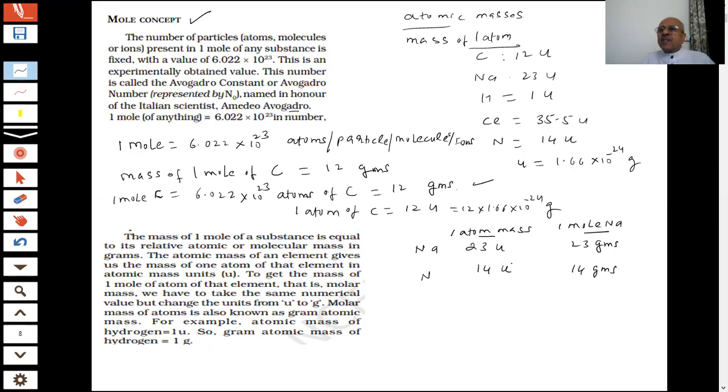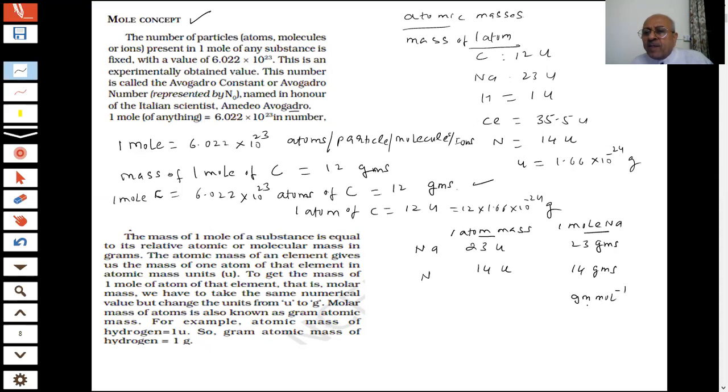Therefore, students, it becomes easy for us that the quantities which we are defining now, which will be given in your book, are called grams per mole.